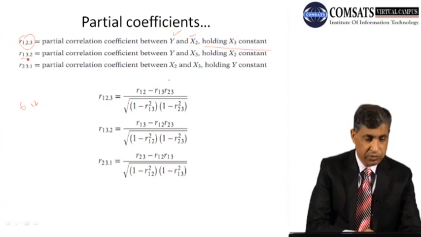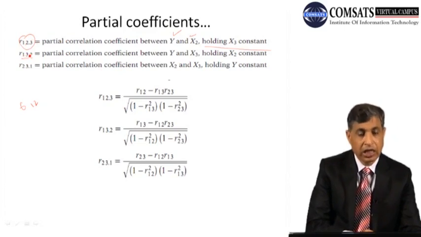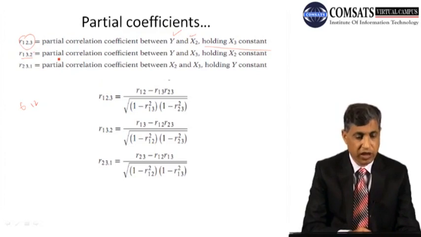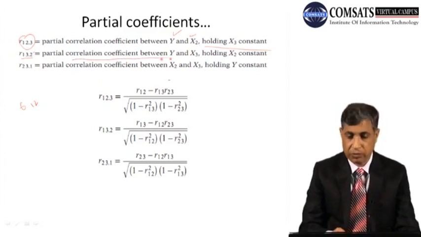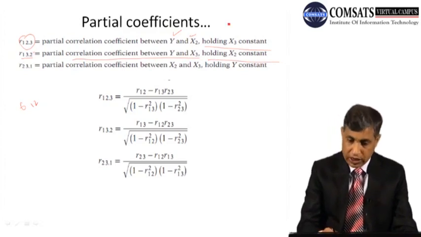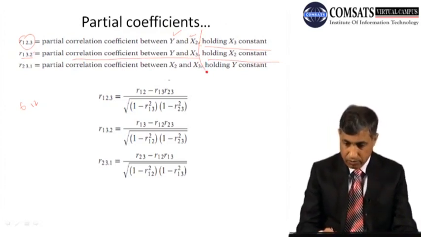And here, what does this mean? We are taking the correlation between 1, that is y, and 3, that is x3, holding 2 constant, and this is partial correlation. So this was the partial correlation coefficient between y and x3 holding x2 constant. Only these terms have become more.